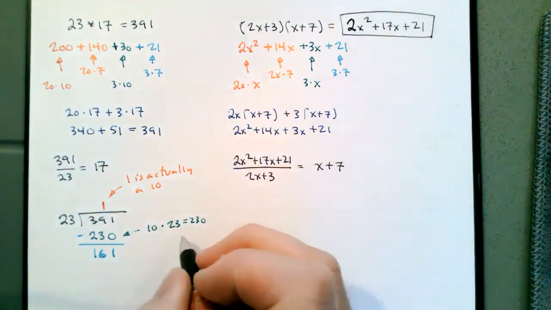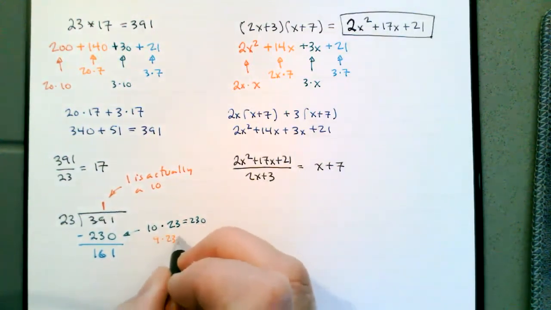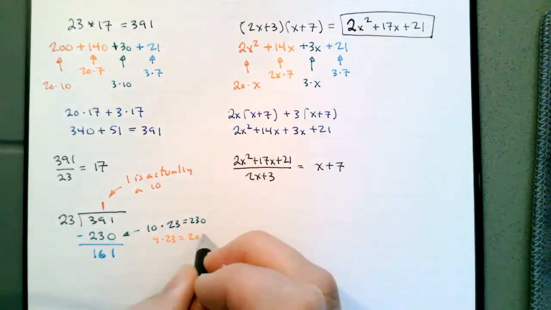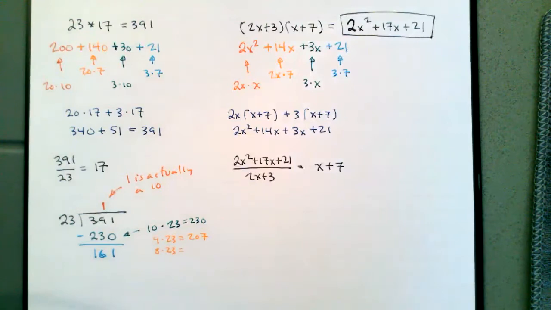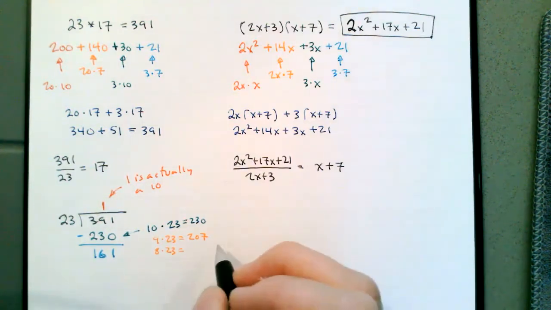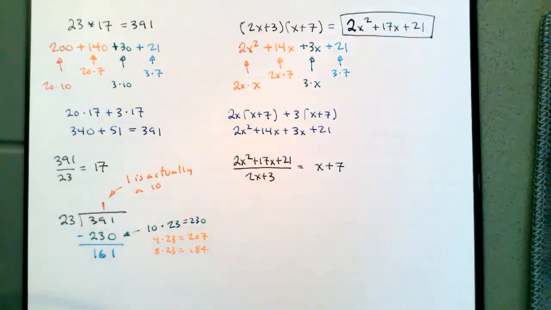If I take 23 off of this, 9 23s is 207. 8 23s. That's still going to be too much. 207 minus 20 is 187 minus 3 is 184. That's still too much. Let's subtract another one.